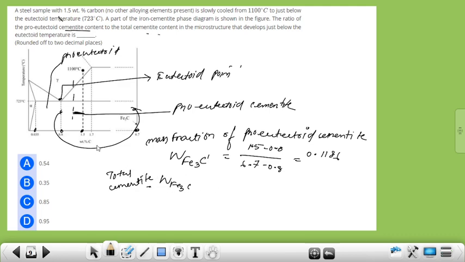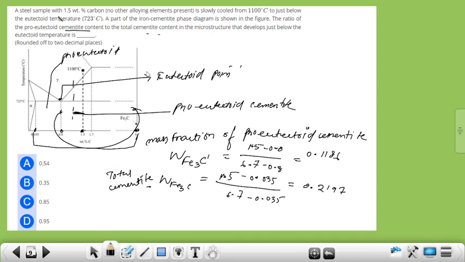Next we have to calculate total cementite, which is equal to this cementite region. So it is equal to 1.5 minus 0.035 divided by 6.7 minus 0.035, which is equal to 0.2197.